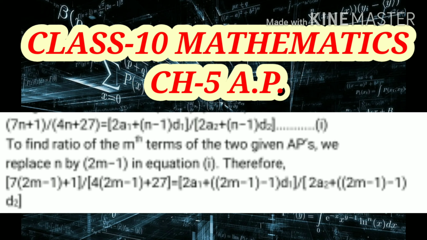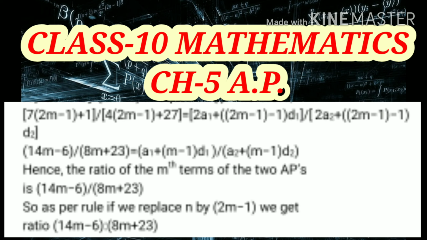So the right side becomes 2a1 plus 2m minus 1 minus 1 d1 upon 2a2 plus 2m minus 1 minus 1 d2. Children, now we can solve this equation and find our required ratio.